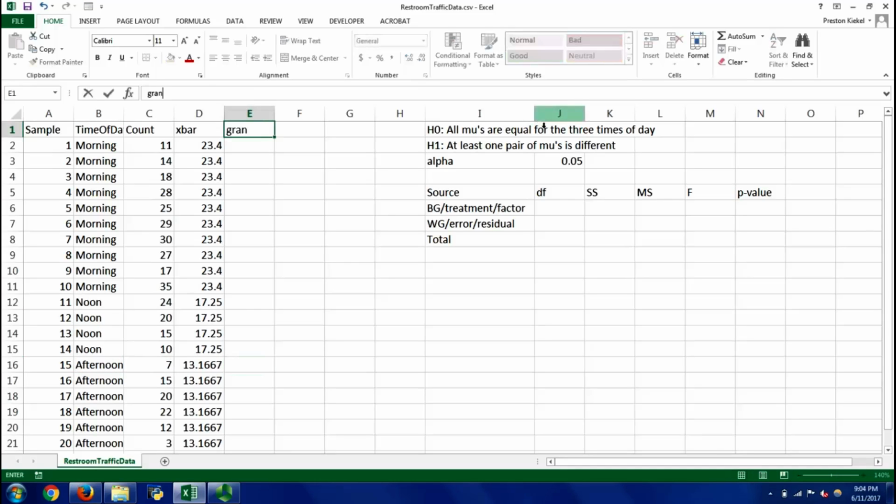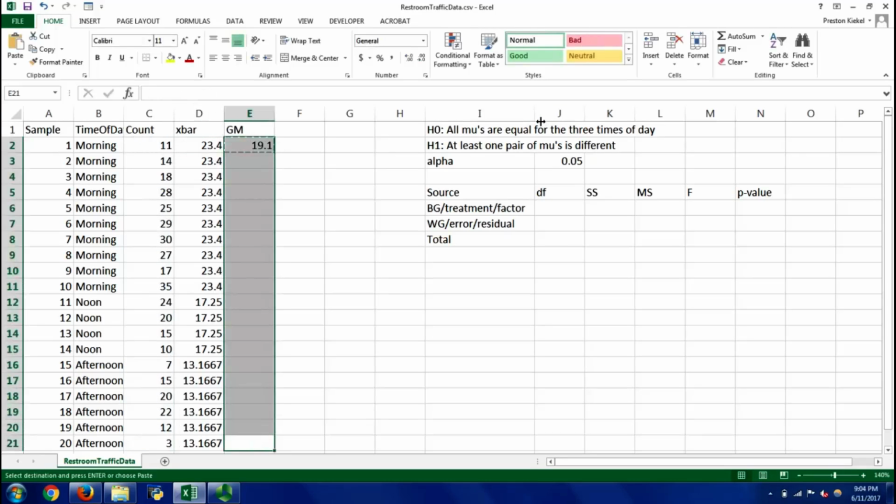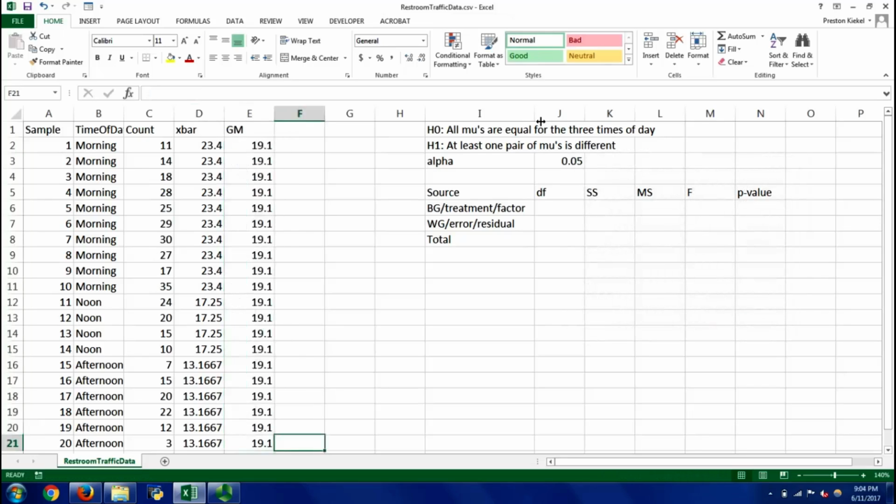Okay, then we need the grand mean, which is x bar bar. I'll just say GM. That's the mean of everybody, so that's the mean of all the observations. It's 19.1. Everybody has the same. Now we start computing the squared deviations.